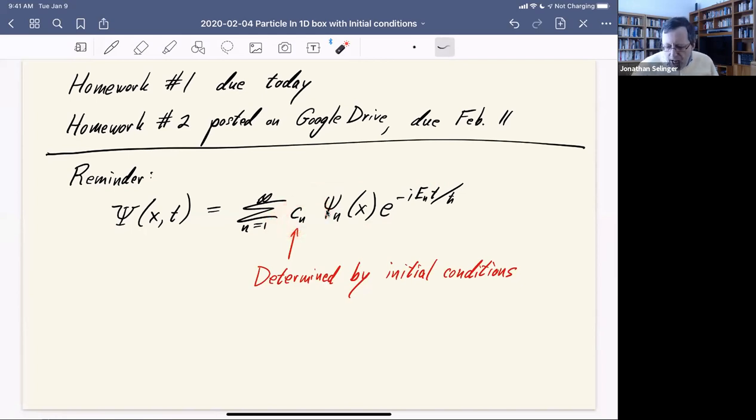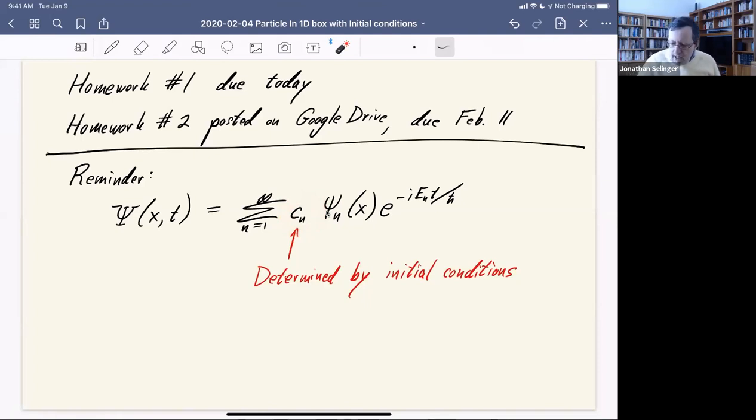Right? But that still leaves the initial conditions. So the initial conditions are what have to determine the coefficients. And so then those coefficients are going to determine what state or combination of states we might have. And that'll give us the movies, and it'll give us the expectation values, things like that.